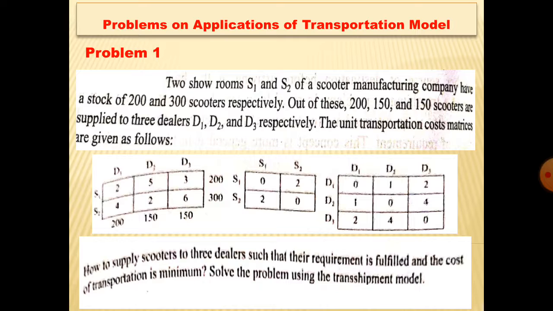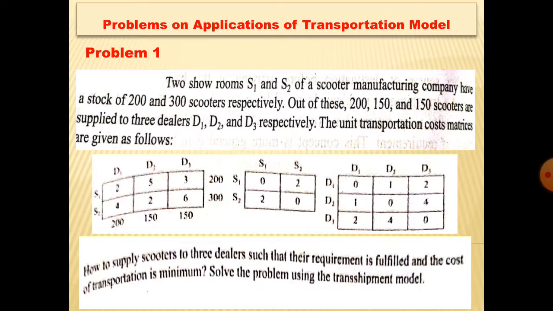For optimality test, we use the Modi method. In the syllabus, they mention to solve the optimality test by Modi method only. It's also called UV method. That also we have solved in many problems in the previous classes.